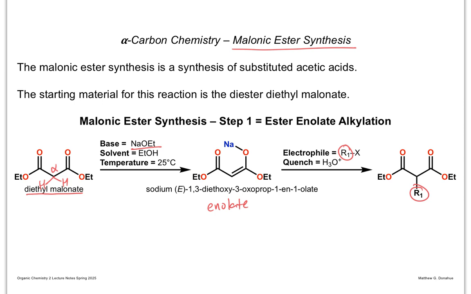So if you look at what you're left with here, you're at oxidation state 3 and 3, and this is going to proceed just like the other one, where we cleave off one of those carbons. So if we cleave off a carbon, eventually what we're going to end up with is a substituted acetic acid.